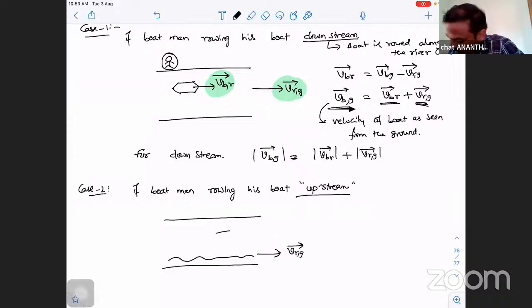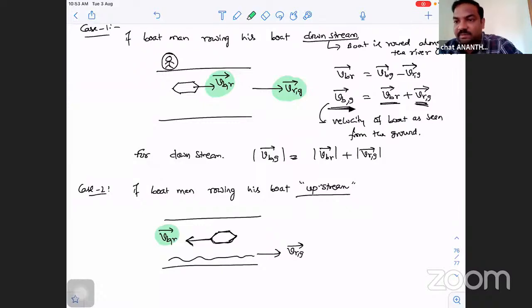Now the boatman is rowing his boat with a speed of VBR. VBR is the speed or velocity maintained by the boatman, the velocity observed by the boatman.